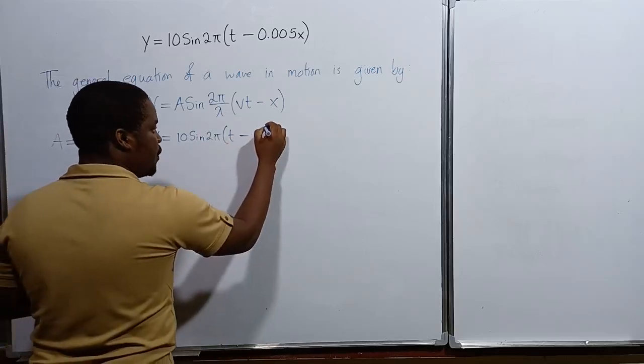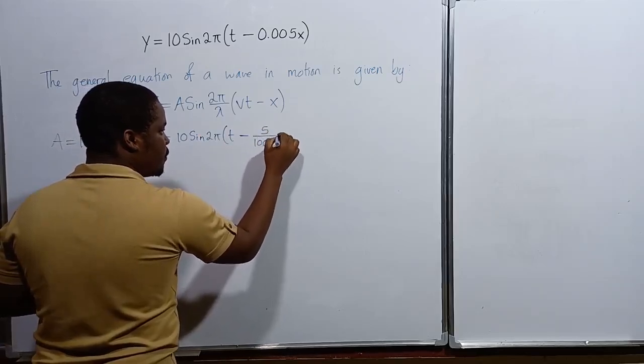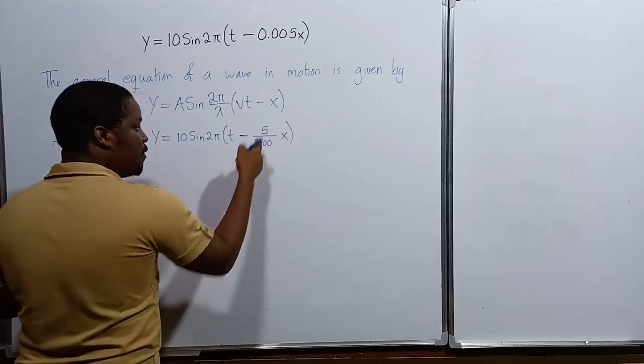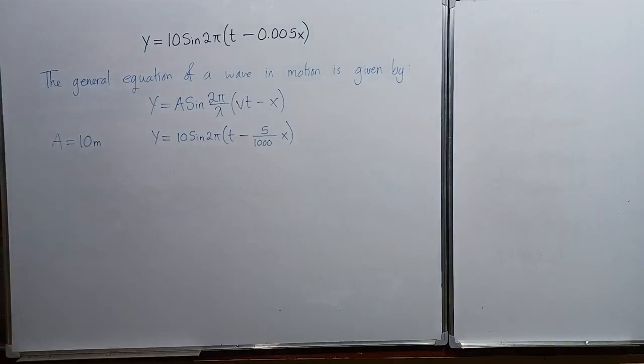The fraction will be 5 over 1000, which is the same as 0.005. Is it over 1000 or over 200? Are you sure? It's over 1000. Okay, let's reduce it now.